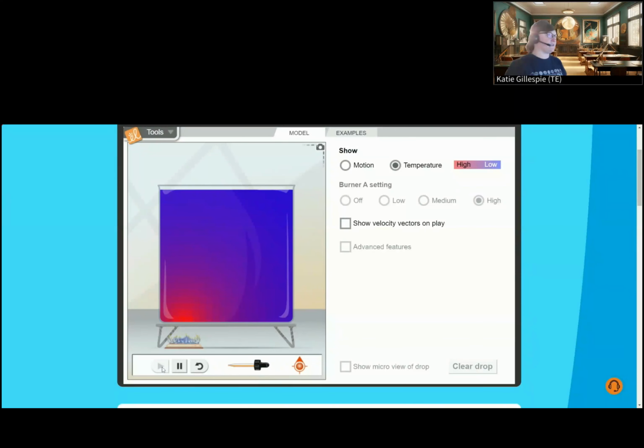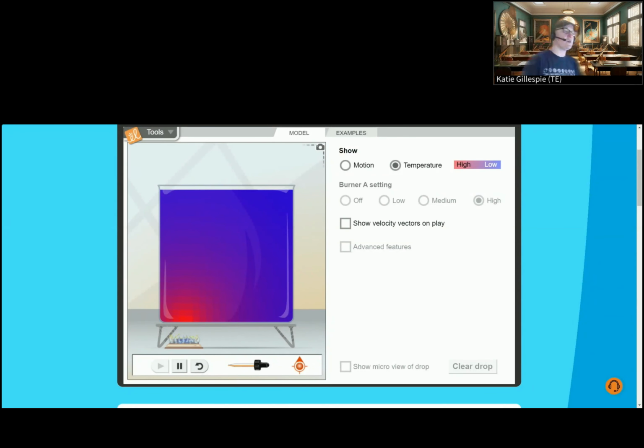We're going to click play here, and you can see the energy difference there. All right, moving on to A, B, C, and D. Where is the hottest liquid located? All I need from you here is bottom or top. Just type bottom or top there for A. Where is it coldest? Bottom or top?